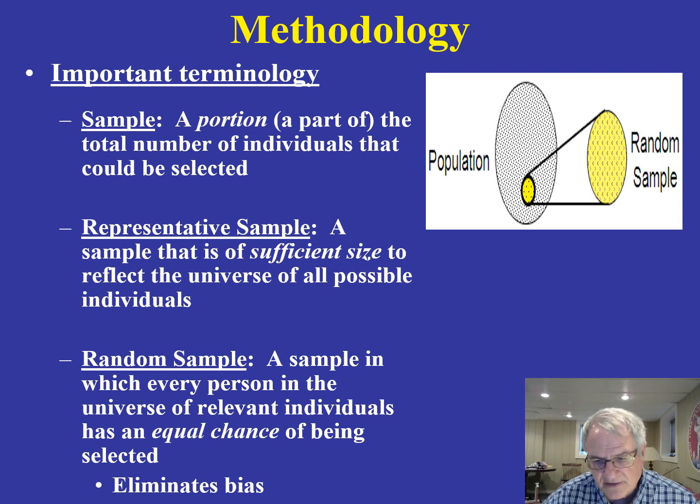This eliminates bias, and indeed an incredibly important part of any experiment that we conduct is to make sure that we're not biasing our results because we have too small of a sample, that we have a sample that does not reflect the universe of all possible individuals.